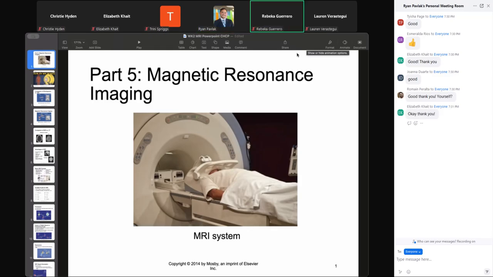So for week 2, we are looking at MRI, magnetic resonance imaging, and MRI is the modality that I myself was drawn to. There's a few reasons behind that. For me, getting out of working with radiation was a big part of it.